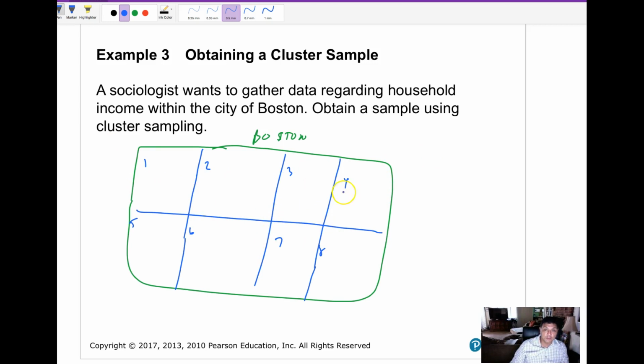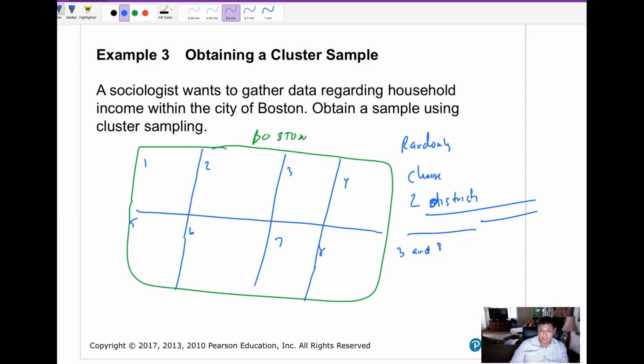Let's say you randomly choose two districts, and you get districts 3 and 8.